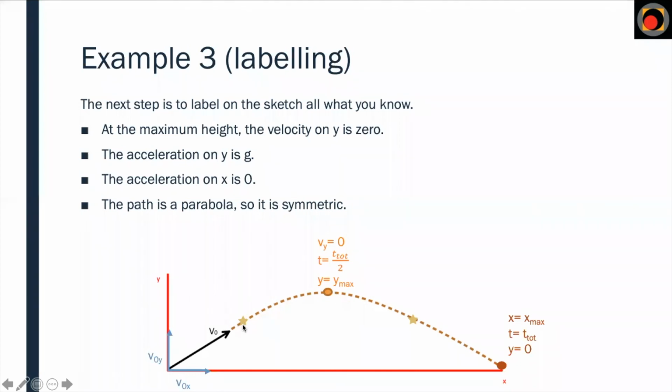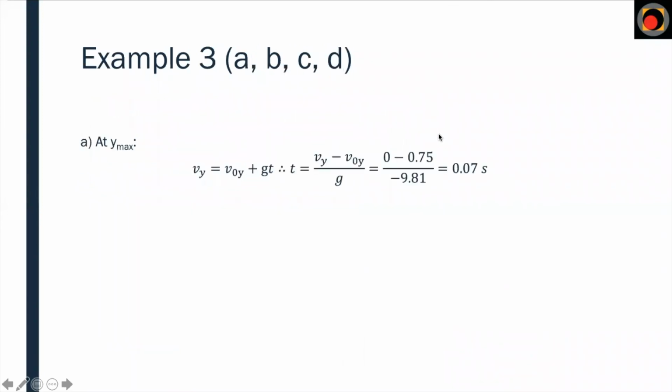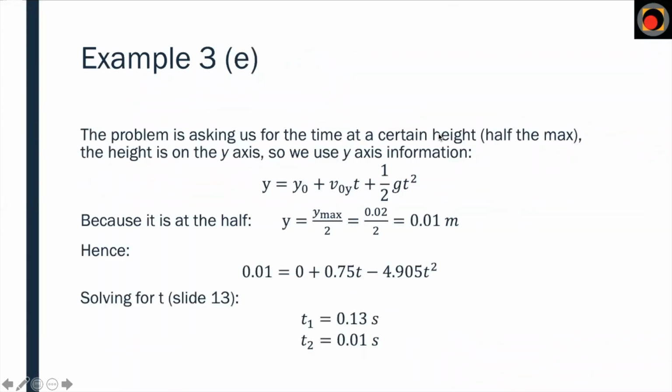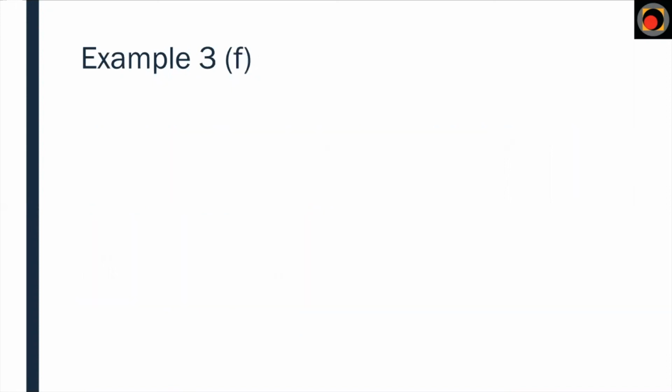Those two positions happen to have the same height, so the answers are both. After 0.13 seconds, it will be at 0.01 meters, and after 0.01 seconds, it will be at 0.01 meters of height.